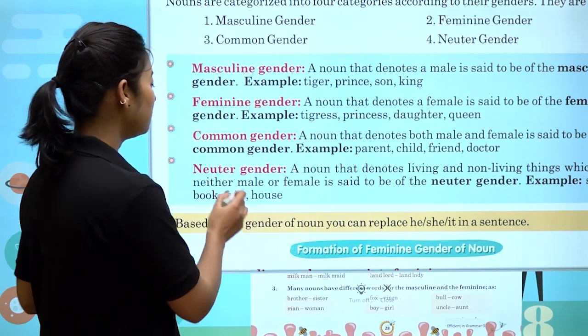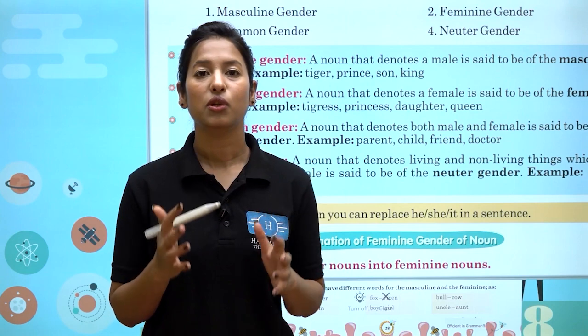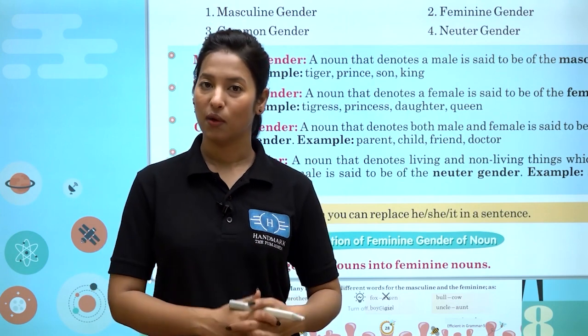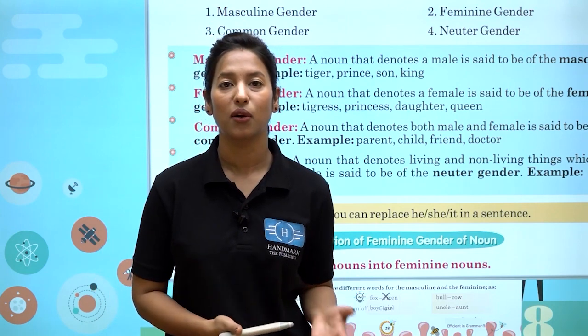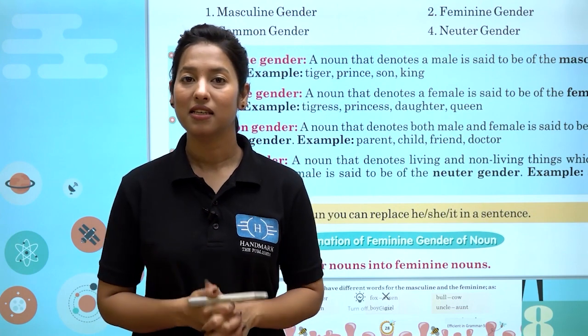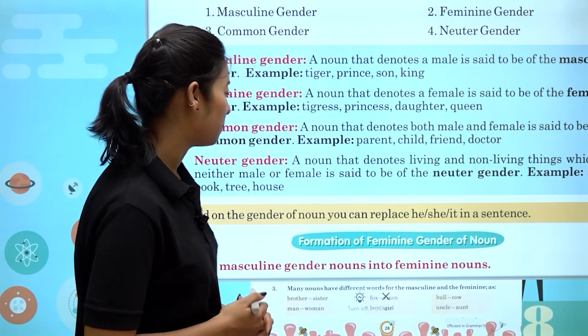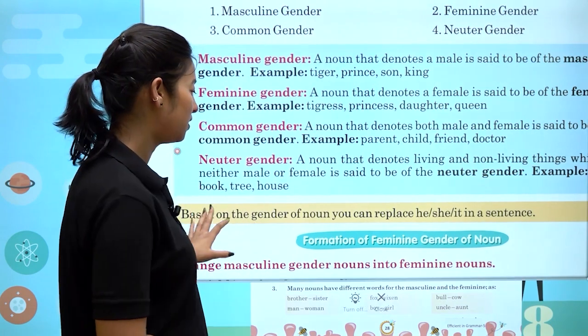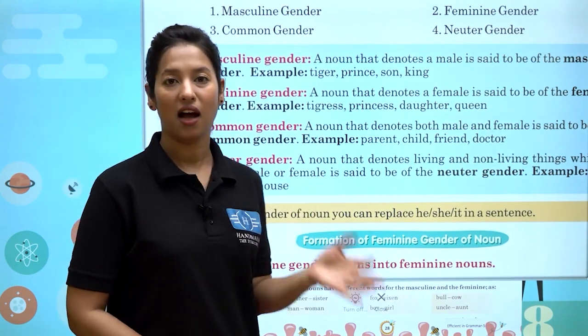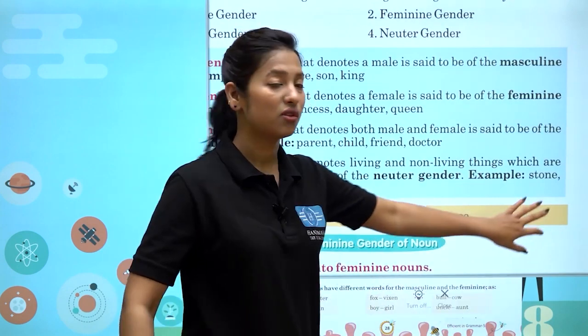Now, the last gender we have is neuter gender. Neuter gender is used for the nouns that are neither male nor female, and these nouns can be living or non-living things. For example, we have a book, tree, house and stone.